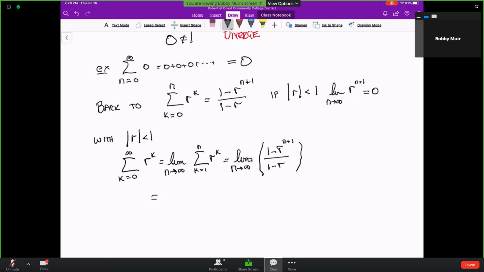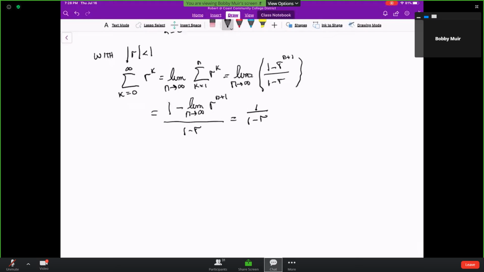Our limit laws say we can go directly to the place where the limit is taking place, all over 1 minus r, and that's 1 over 1 minus r. So this is a result for us.